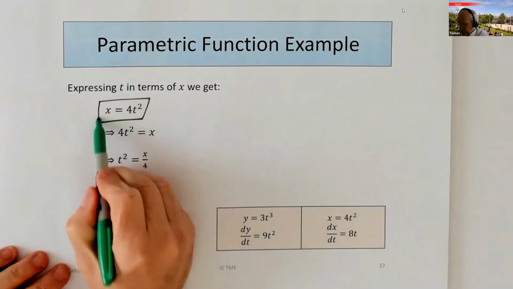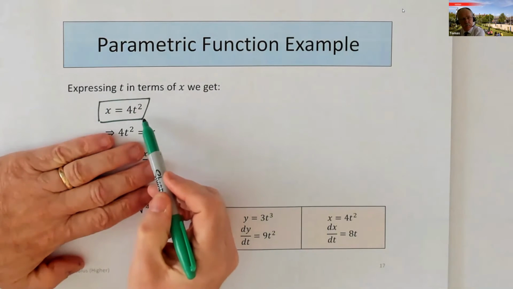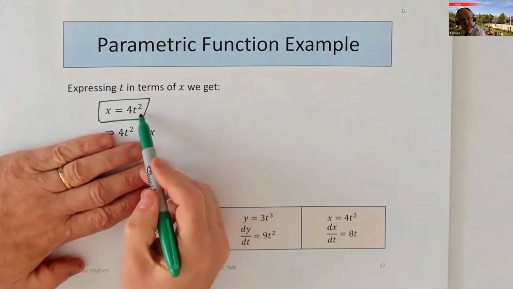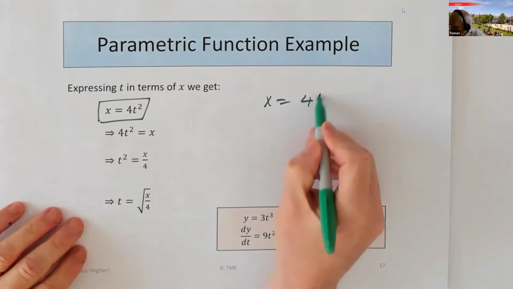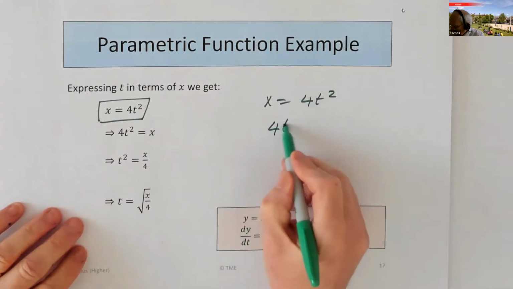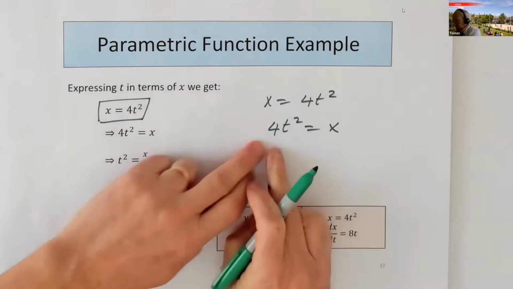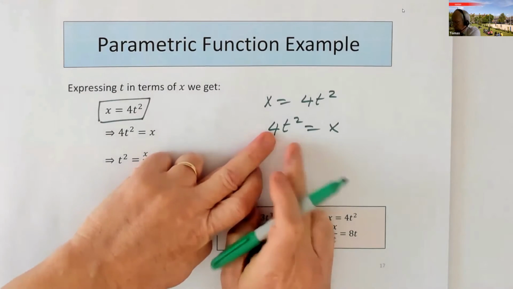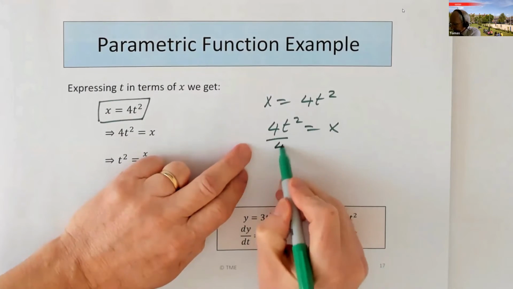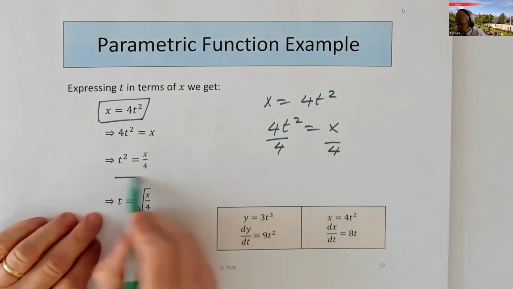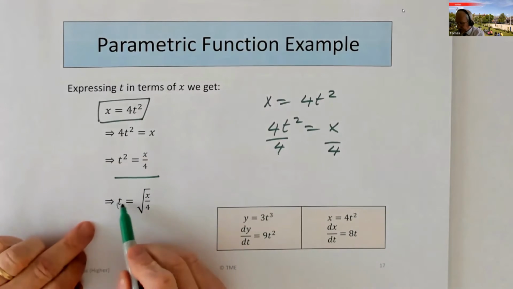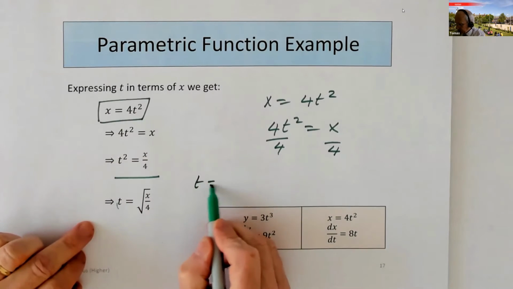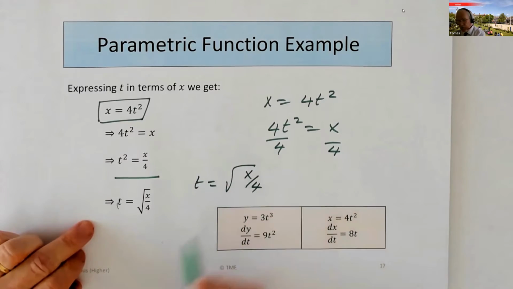What is t? Well, 4t squared is equal to x, but I just want t. So to get rid of the 4, I divide by 4 to get t squared. And to get rid of the square, I just take the square root. So t is equal to the square root of x over 4.